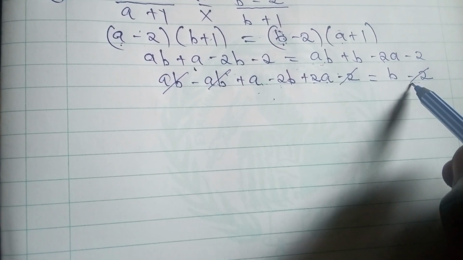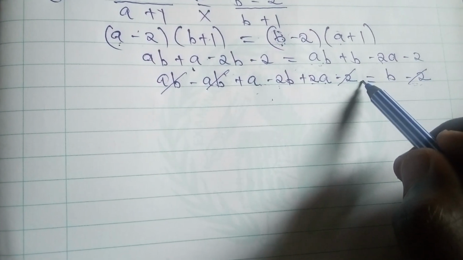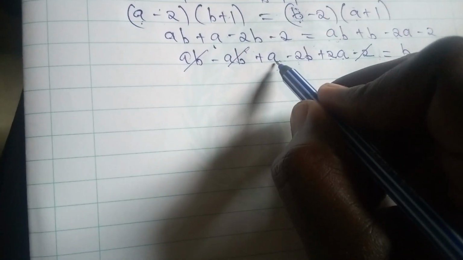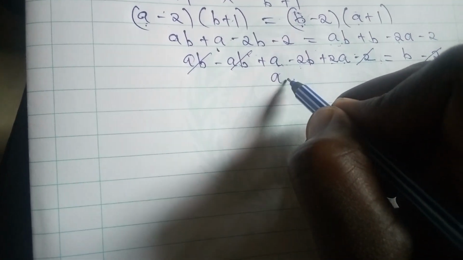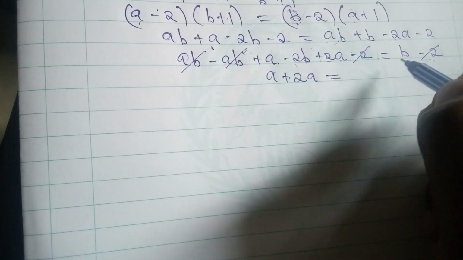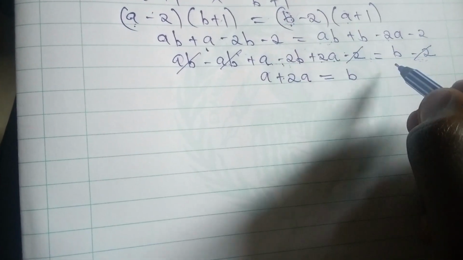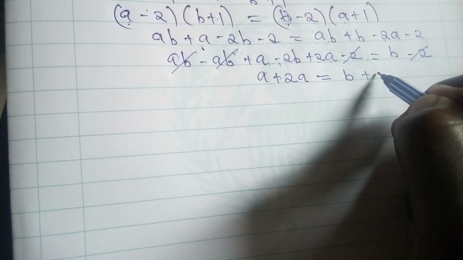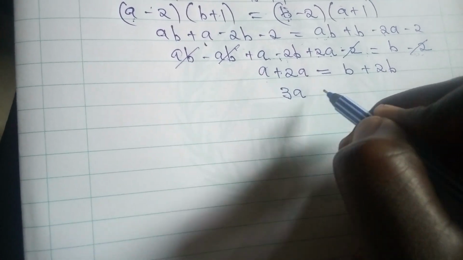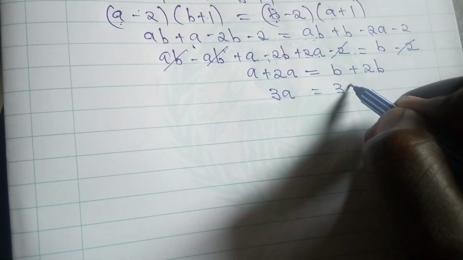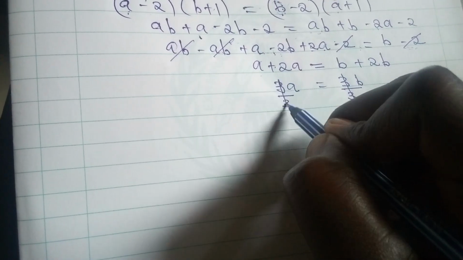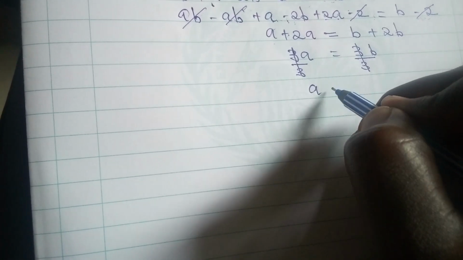When I bring that value negative 2 to this side to become positive, then this is plus 2a is equal to b, then this one will come to this side, that is positive 2b. So when I add, I'm going to get 3a is equal to 3b. So when I divide by 3, also there by 3, I'm going to cancel. So I'm going to remain with a is equal to what?